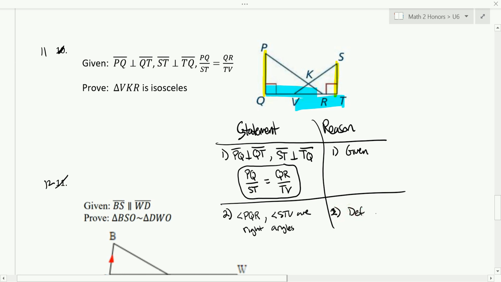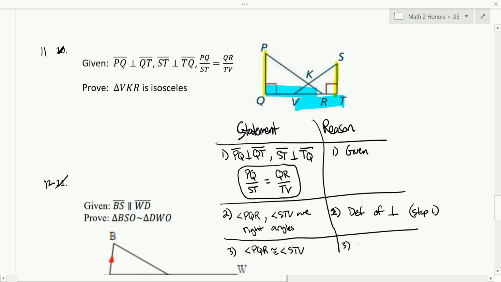Because it says they're perpendicular, and definition of perpendicular says that we got right angles. Okay. So that comes from step 1. And then we can say that they're congruent to each other. Why? All right angles are congruent. And that came from step 2.